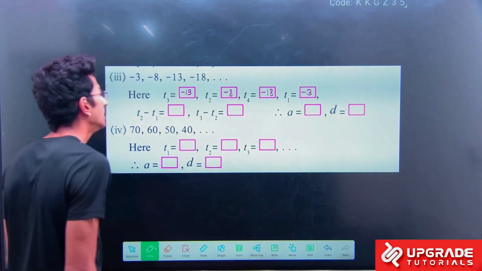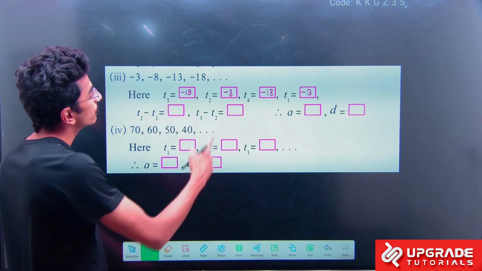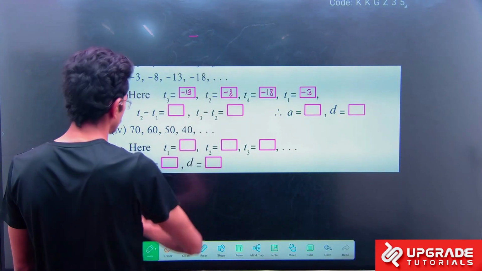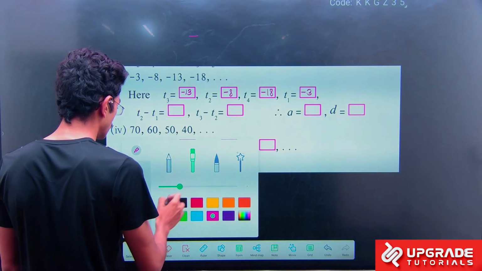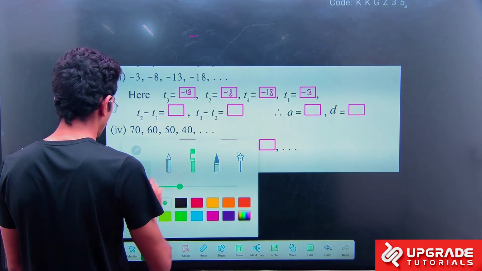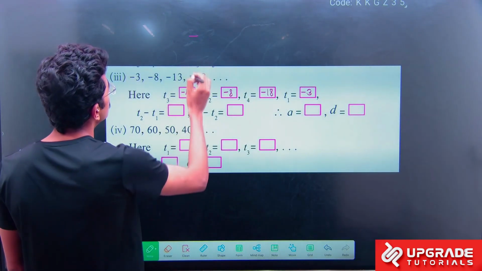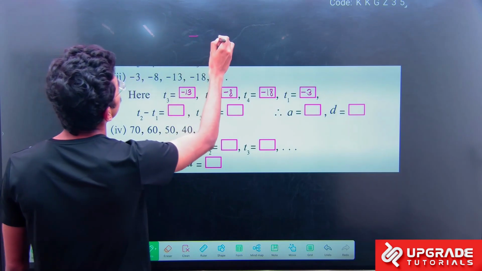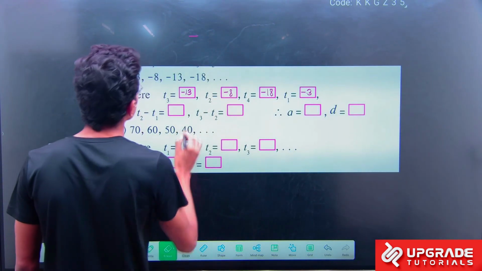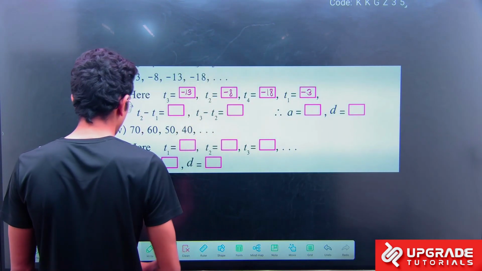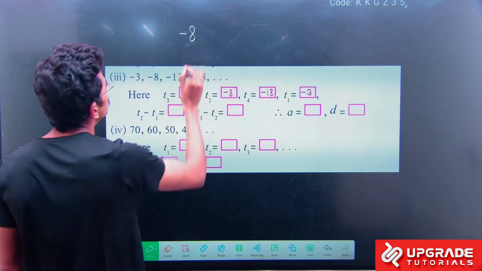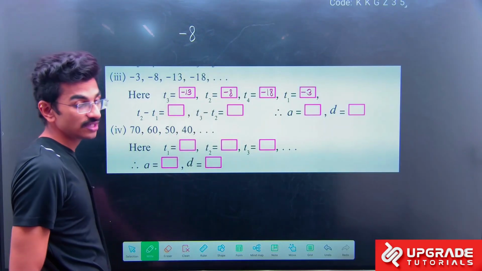Okay. Again, T2 minus T1. What is T2? Minus 8. Okay, just let me change the color. What is T2? T2 is minus 8, and minus of T1.